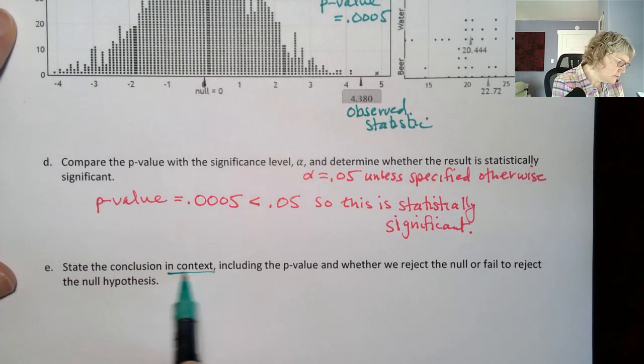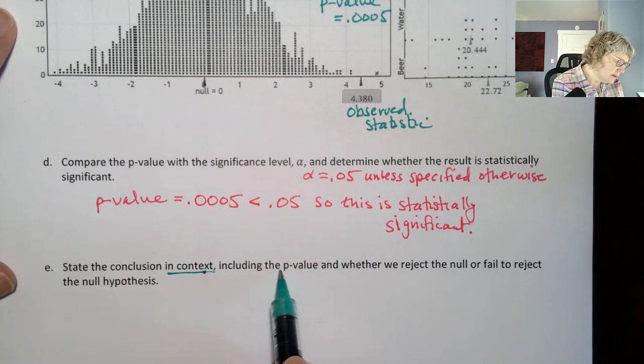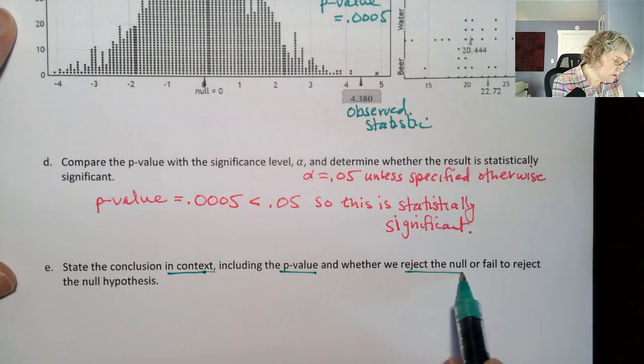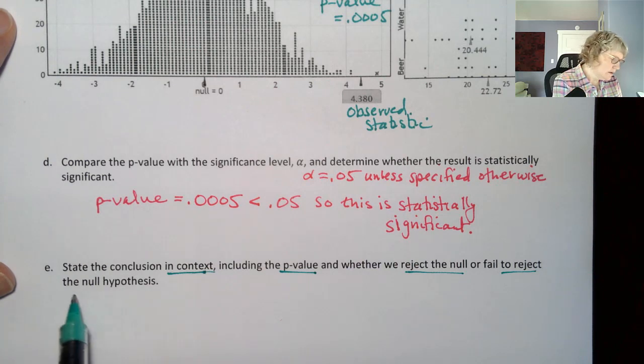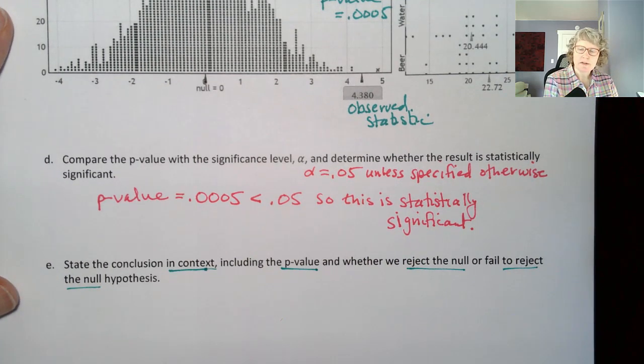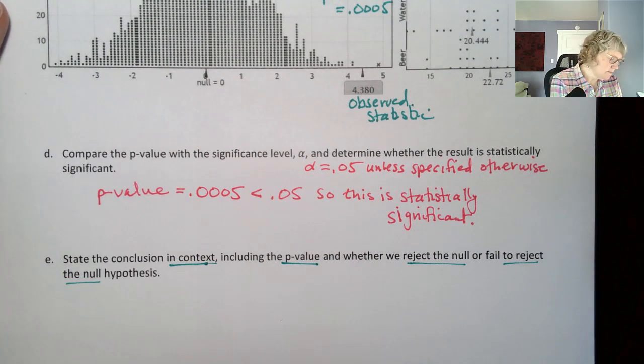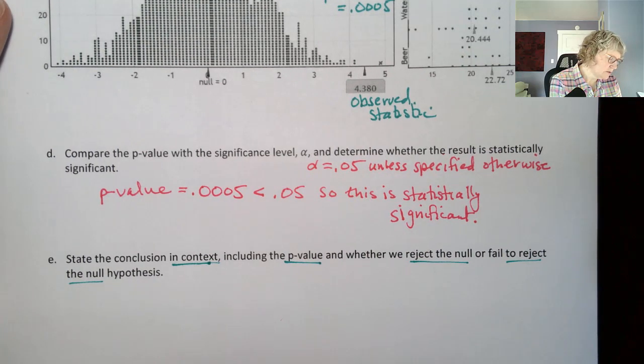And we always need to put the context in our conclusion and the p-value and whether we reject the null or fail to reject the null. Okay, so lots of different ways to write it out, as long as you get all the key information in there.